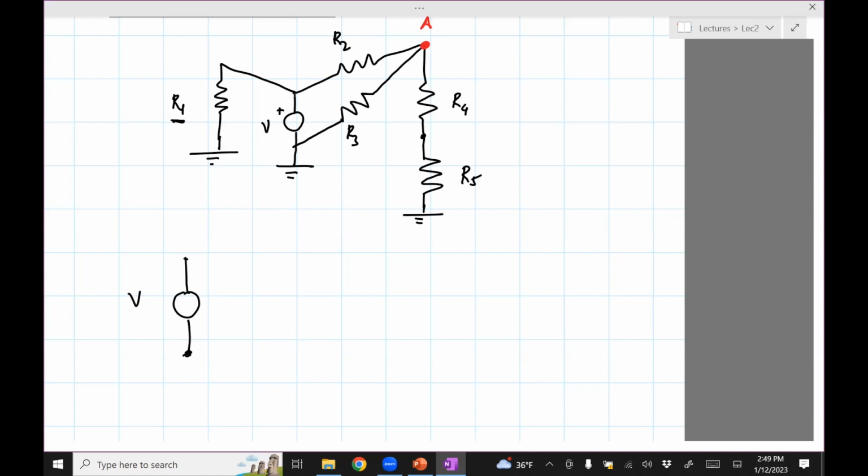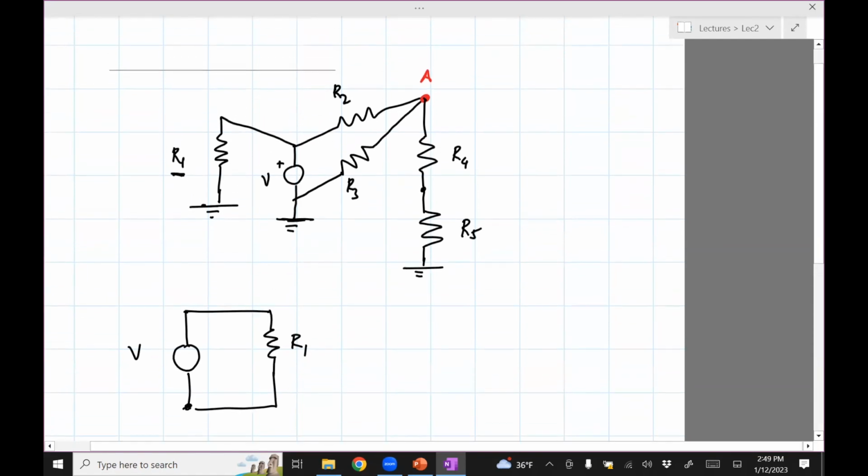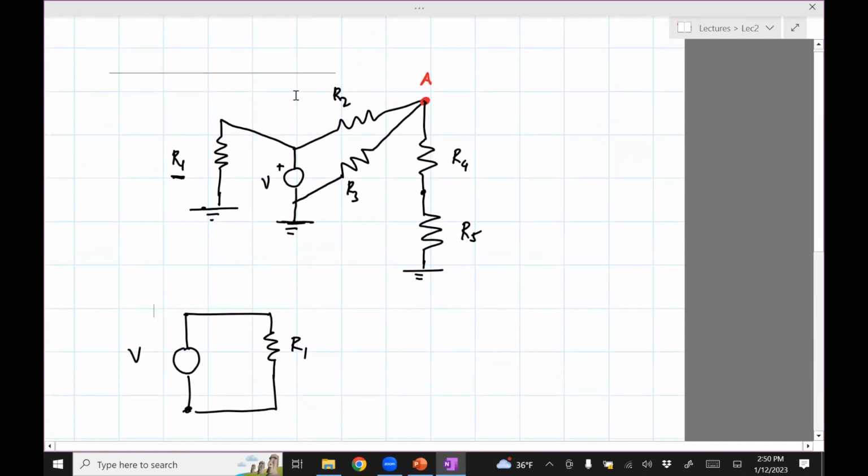Note that R1 is connected to the voltage source, and this and this can be joined because they're ground. So we draw R1. And if you hide everything on the right side, it does look like what we wanted. So we're done with that.